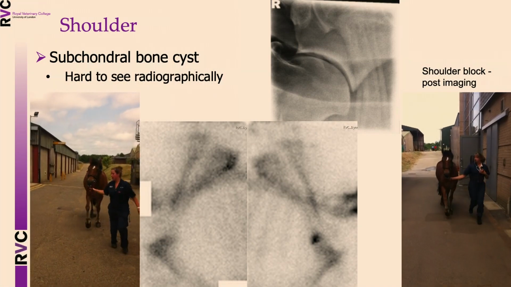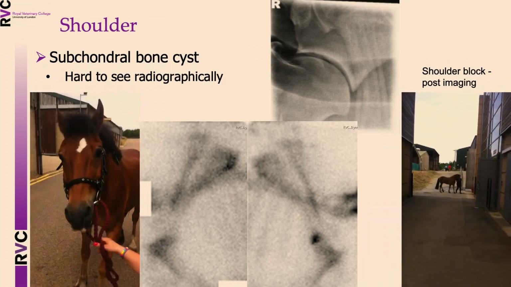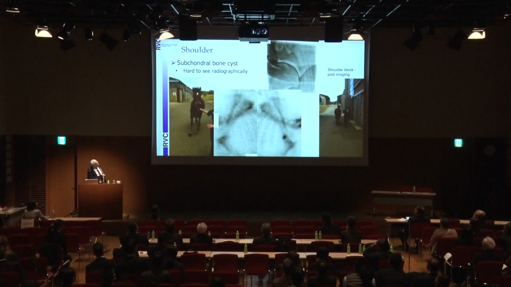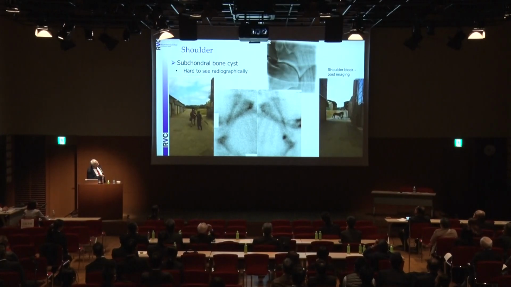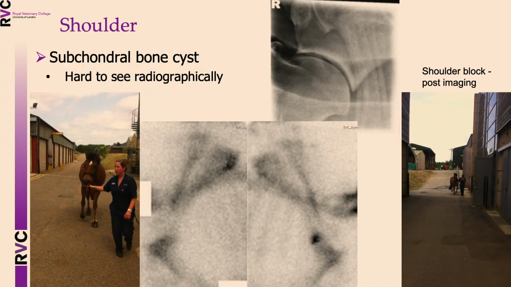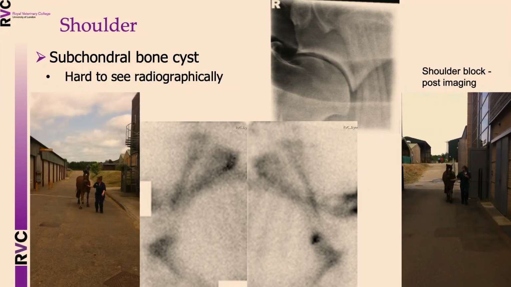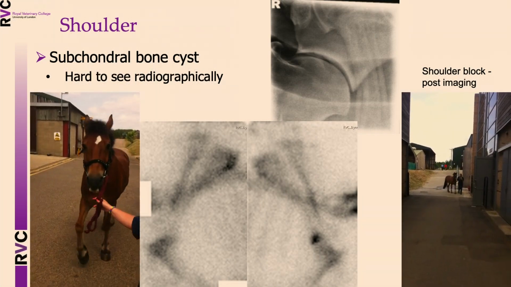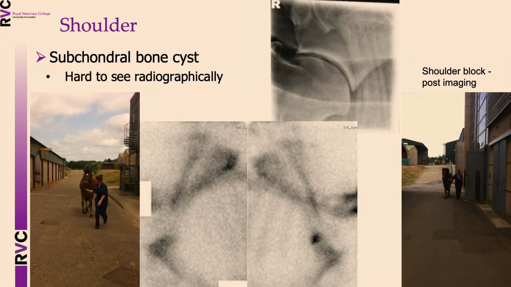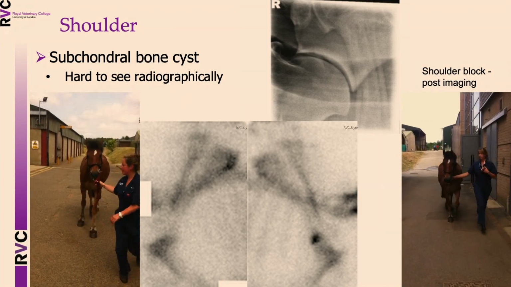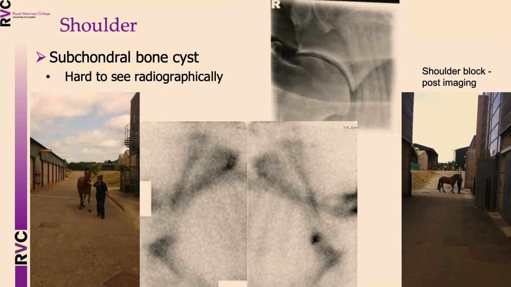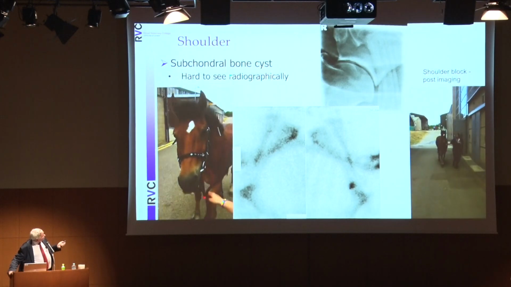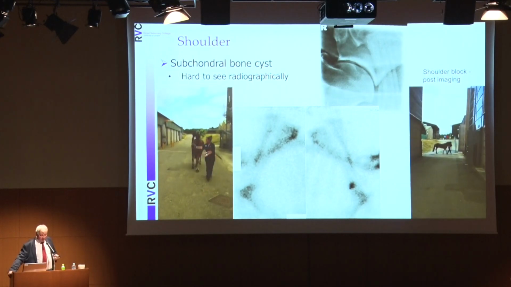But the location in the shoulder joint was confirmed with subsequent blocking after the bone scan, when we could be confident there was no fracture.